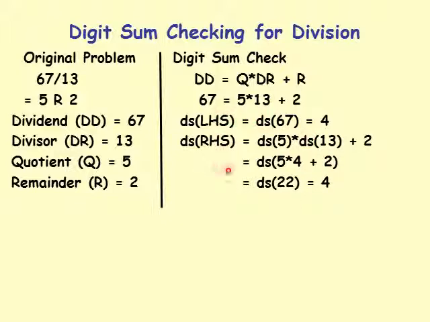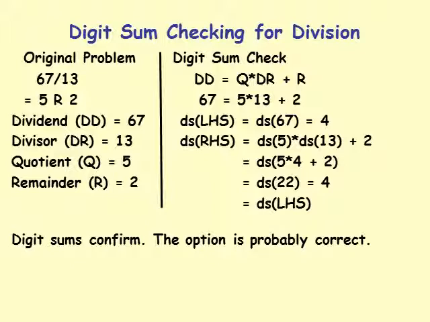But for a division problem, you can go through the digit sum check, which is indirect, but if there is another option to check, you should use that. Okay, let's continue here. So this matches and the digit sum is confirmed. The option is probably correct. I have not included any problem sets for you. Just use the teacher's manual for example problems.